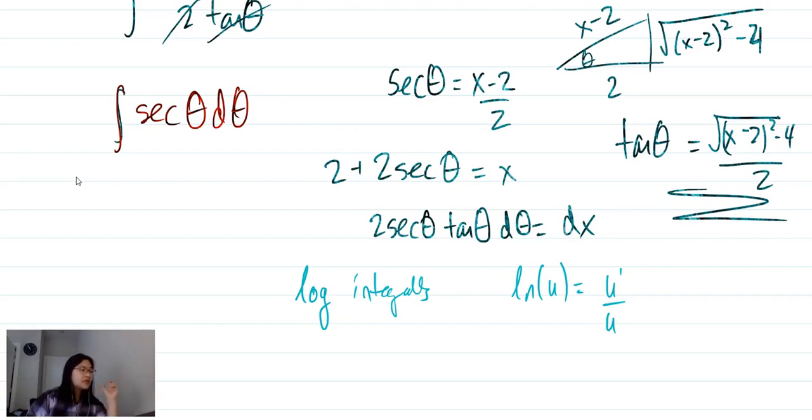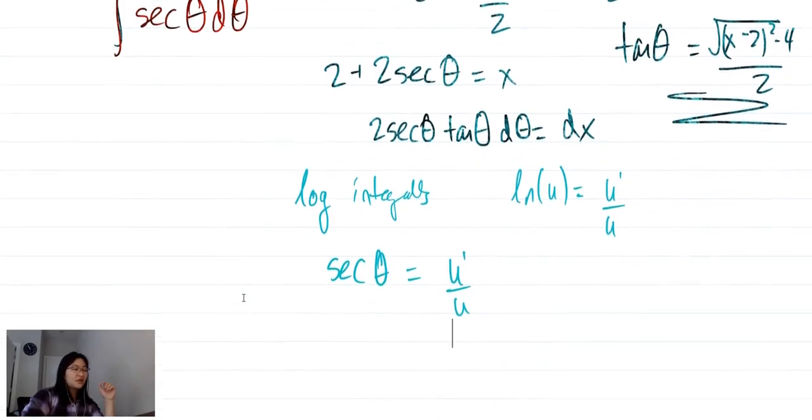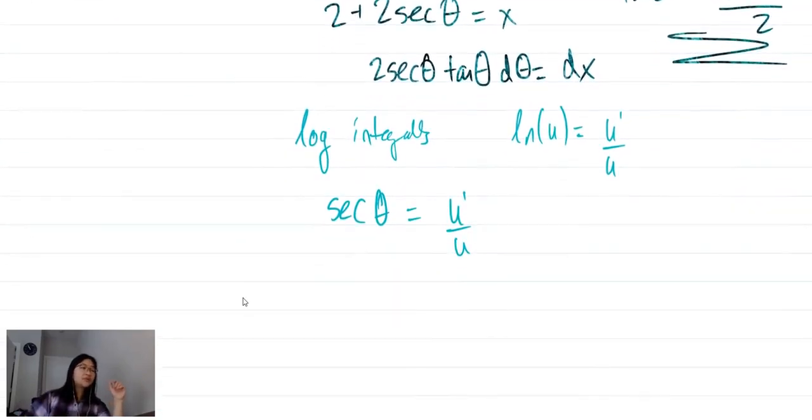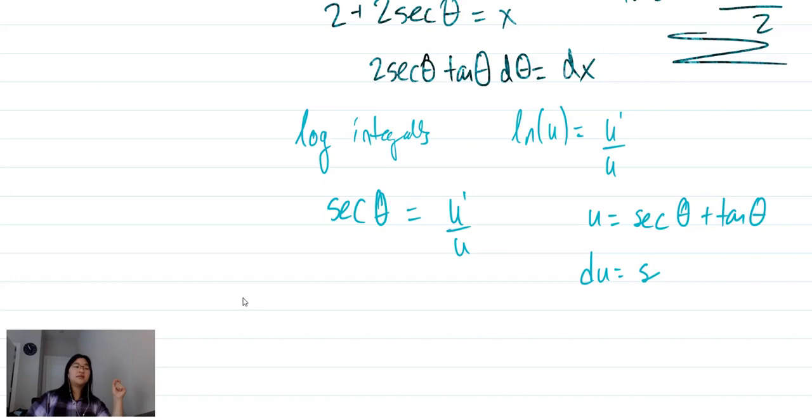So can we get secant of theta into that u prime over u format? I think so. What u would we need to use? Well, if we said that u was secant of theta plus tangent of theta, then du is going to be secant theta tangent theta plus secant squared theta, and then d theta.